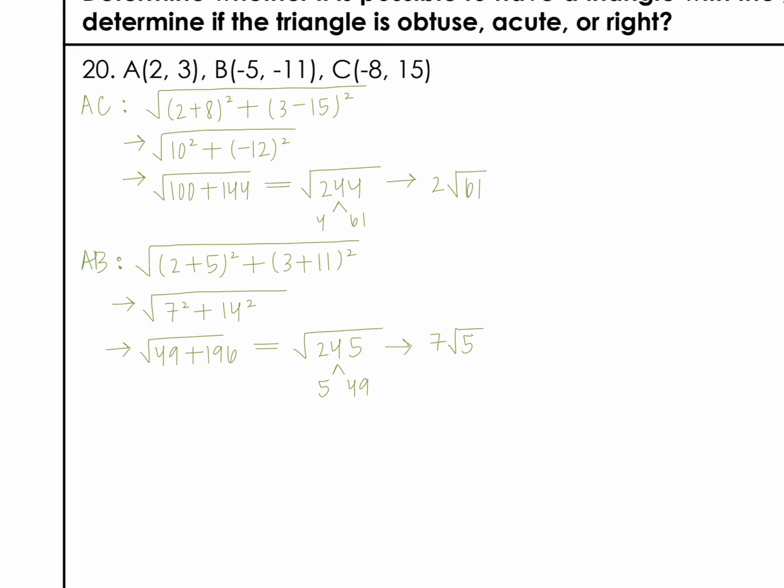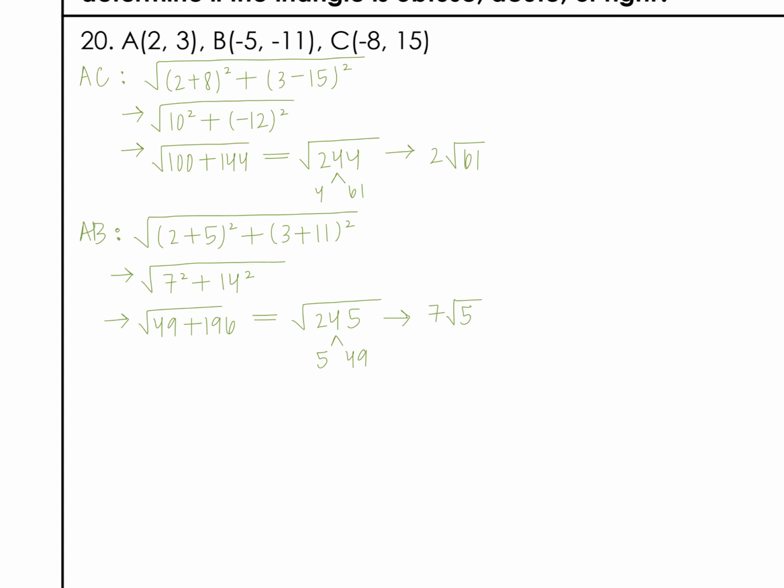All right, last side length for this problem, we're going to use BC. And so BC, we're going to have negative 5 minus that negative 8, so plus 8 squared, plus negative 11 minus 15 squared.